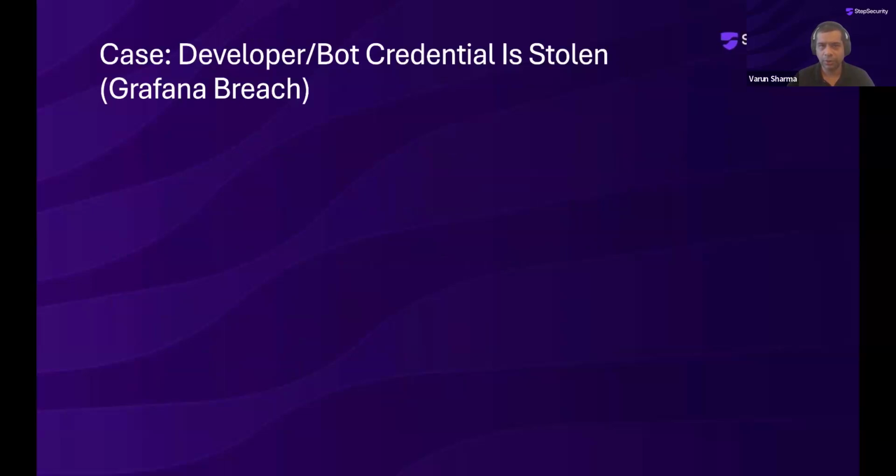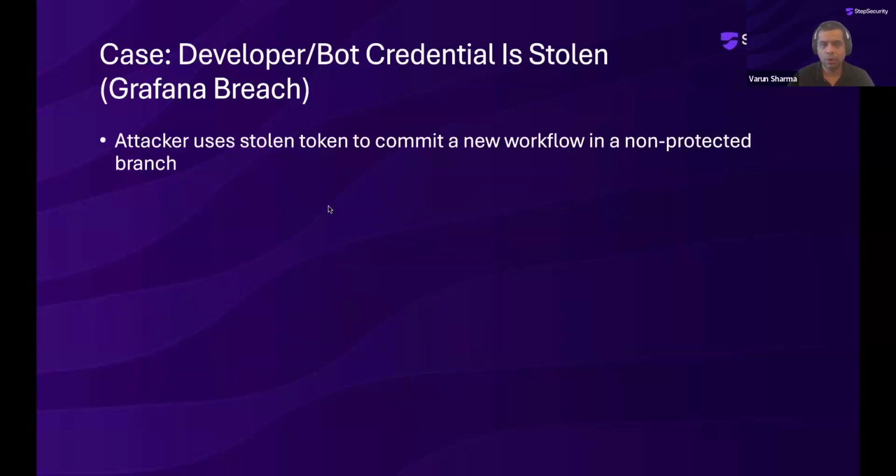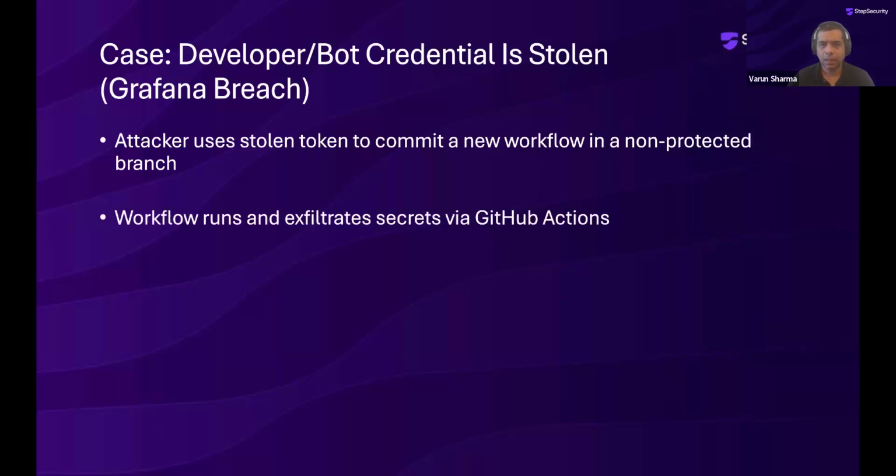So the next scenario is where a developer or a bot credential is compromised. Now, in this case, what typically happens is that an attacker gets hold of a developer credential, which could be a personal access token or a bot credential, and then uses it to create a new workflow in a non-protected branch to run a GitHub Actions workflow to exfiltrate credentials.